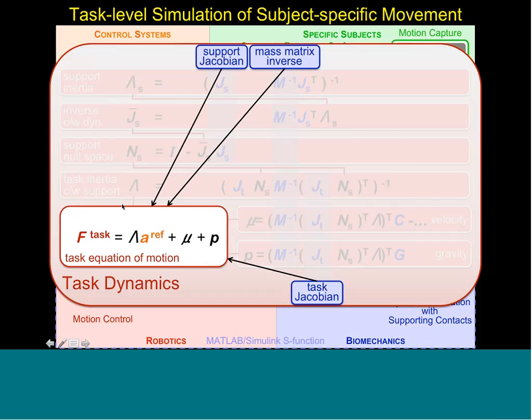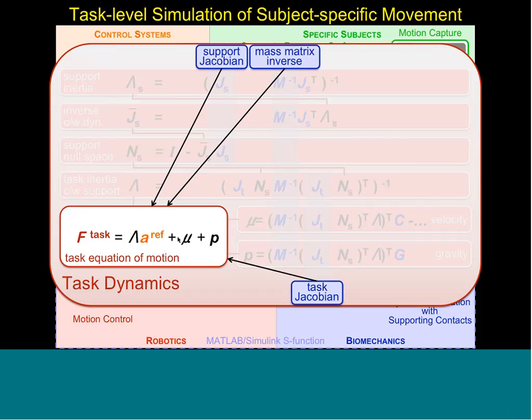Basically, these task forces are related to the reference acceleration multiplied by some inertia term. All of these dynamic terms are support consistent, which basically means that our dynamics knows about our contact modeling, and we also have the terms for velocity and gravitational term. These all add up together and give us these task forces.